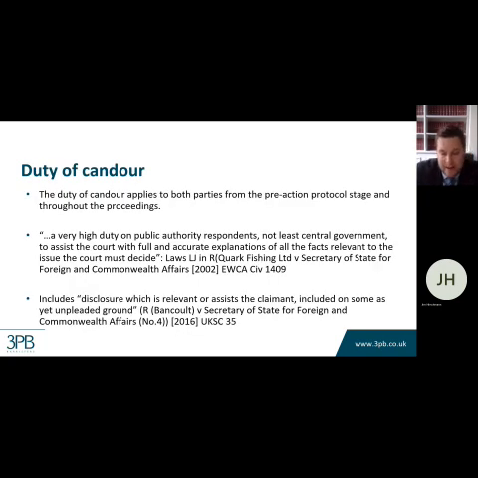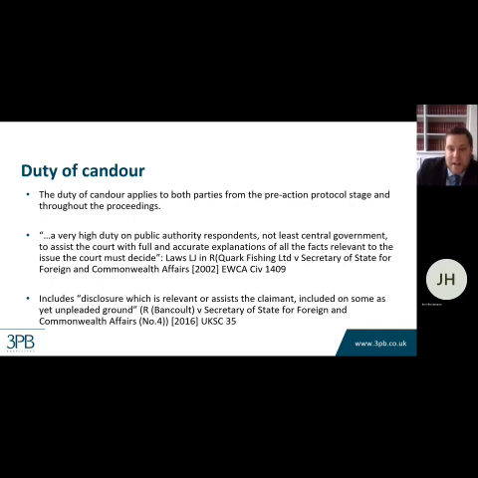Something that you will hear about when you start undertaking judicial review work is the duty of candour. That applies to both parties from pre-action throughout the proceedings. I've given you two quotes on the screen, one from R (on the application of Quark Fishing) v Secretary of State for Foreign and Commonwealth Affairs, and then the well-known quote from Bancoult v Secretary of State for the Commonwealth that explains in a bit more detail what the duty of candour is.